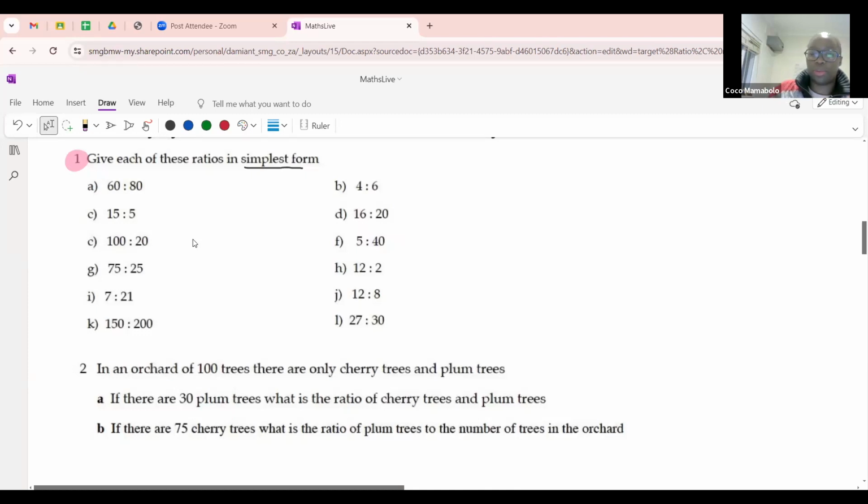Shadi's already finished with 3 minutes to spare. Itandile, is that a question, my dear, or are we just done? Do we want to answer a question?